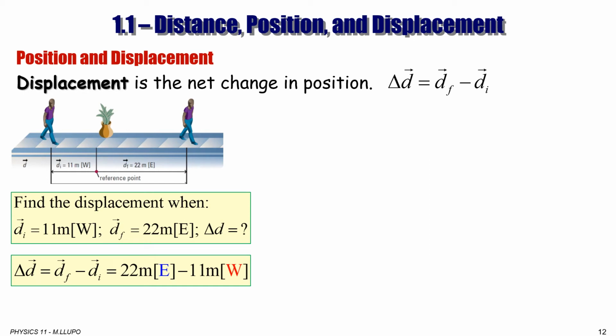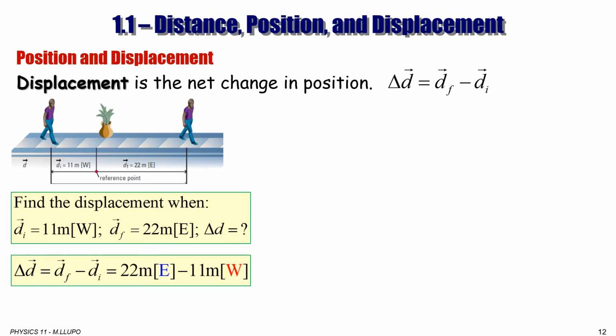Delta d is equal to d final minus d initial, which is 22 meters east minus 11 meters west. We have a problem here because we have two directions that are not the same. So what we need to do is flip one of them to make it the same. Either we can make both directions east, or both west.